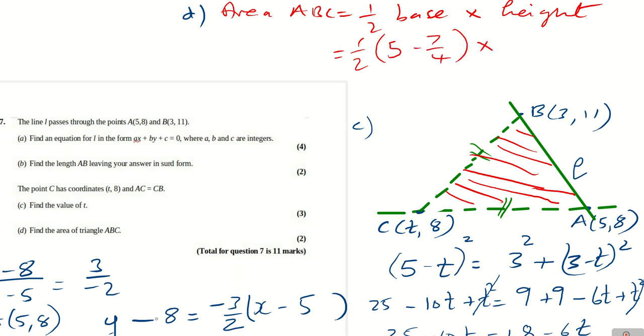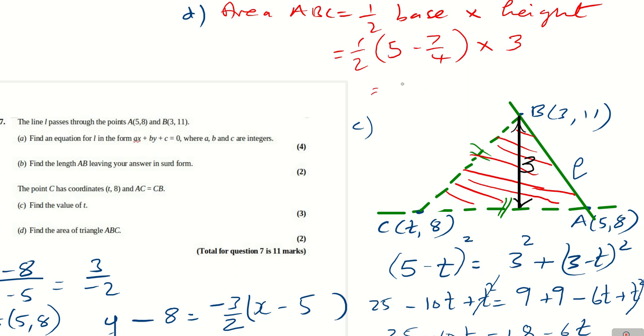Now the perpendicular height is quite easy because it's this height here. Because we know that this line along the bottom is horizontal and it's at the level y equals 8, to get to where y is 11 we just have to go up by 3. So we know that the perpendicular height is just 3.